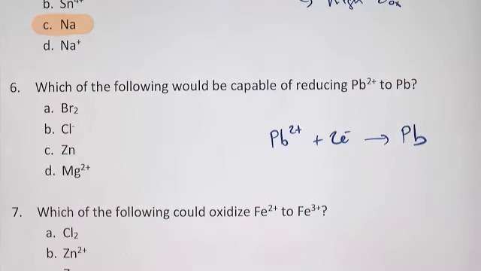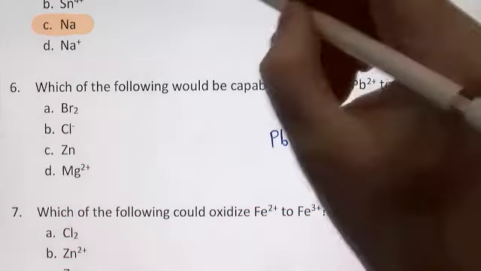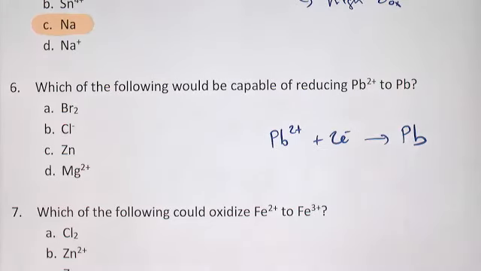I'm going to go find that reaction. And whatever I'm going to pick has to react with the lead 2 plus. Well, the lead 2 plus is on the left side of the chart. So what will it react with? Anything on the right side and below it. So which of these choices would work?